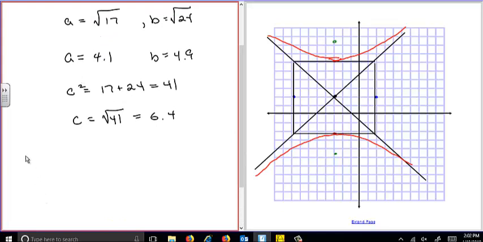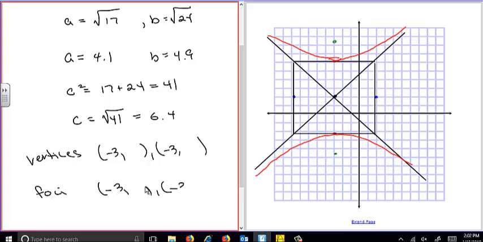So vertices. You can see that all of these things, the foci and the vertices, are along this line, which is x = -3. So we'll put -3 here for all of them. We're just doing it now to make sure we're consistent. Now, going up here, we're at 2, right? 1, 2, 3, 4, 5, 6, 6.1, because I'm going up 4.1.